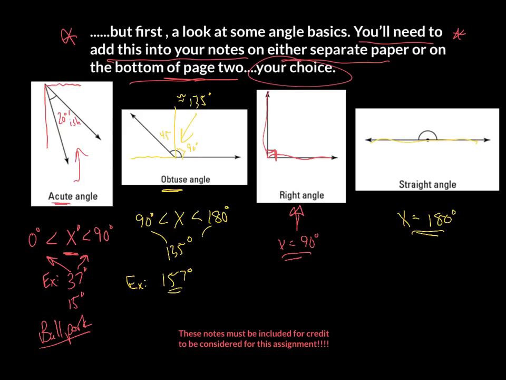So it's either super small, acute; super big, obtuse; exactly 90, right angle; or a straight angle. Those are our four basic flavors of single angles. So when we're talking about one angle at a time, that's how we describe them.